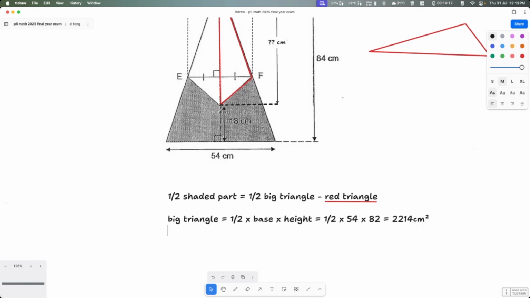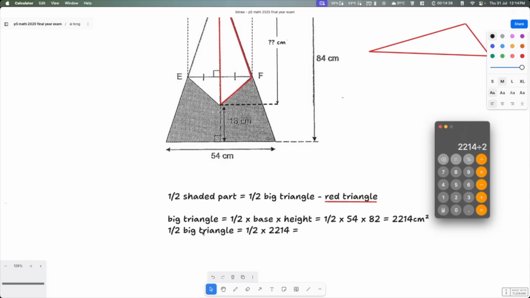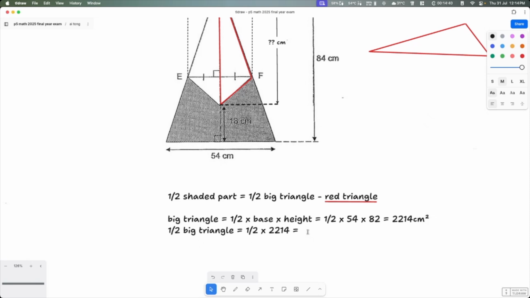Now we want to get the half big triangle. Basically you just times 2214 by half, so using the calculator, 2214 divided by 2 is 1107 centimeters squared.